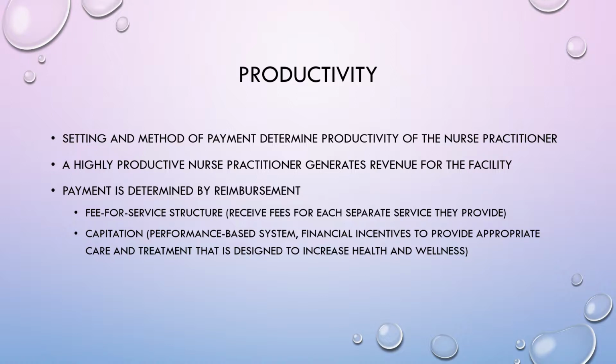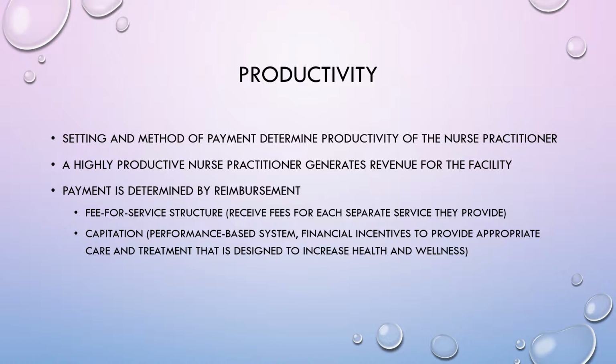Fee-for-service is one structure of payment, and capitation is another. Fee-for-service means that the provider receives fees or payments for each separate service that they provide for patients. It's typically a structure that allows providers to receive more revenue or payment for the services they provide. Capitation is a performance-based system.